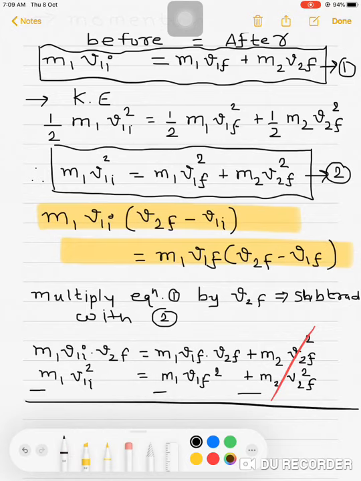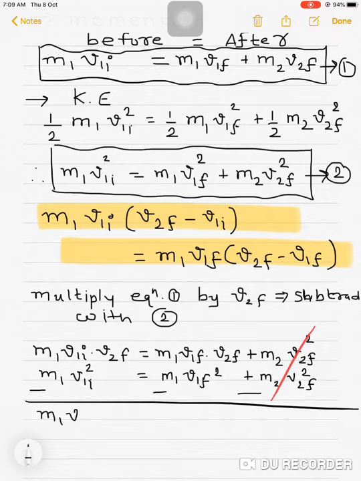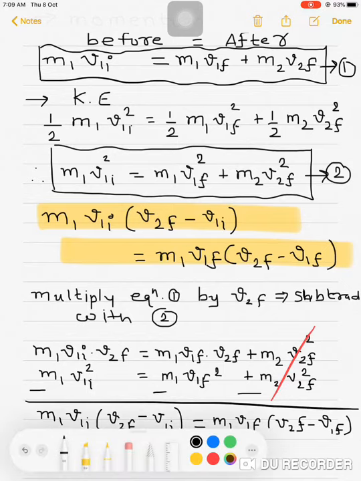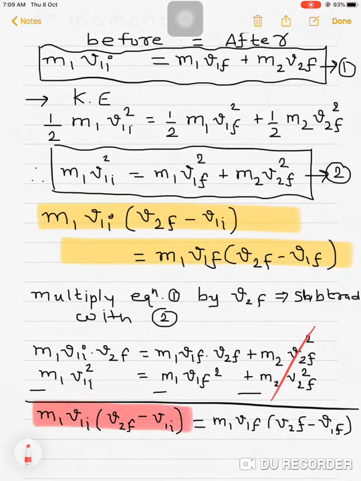What remains is m1 v1i times v2f minus v1i, which is the first yellow part. This equals, taking m1 v1f as common, v2f minus v1f. This is the second yellow part above.